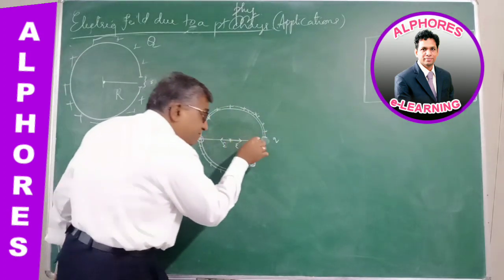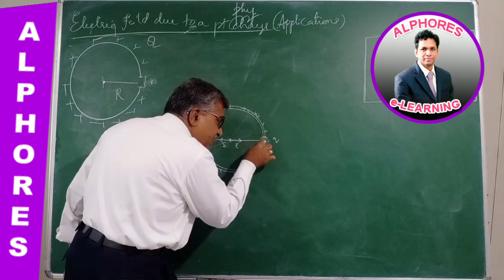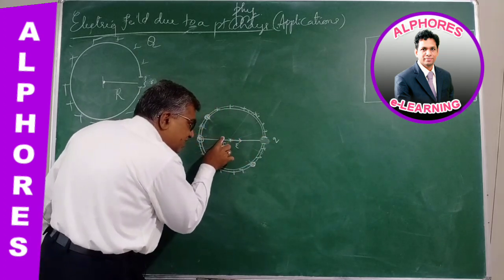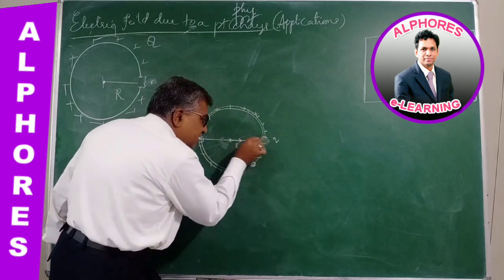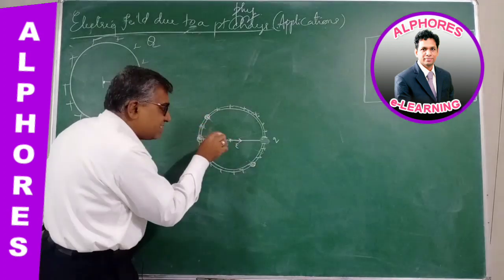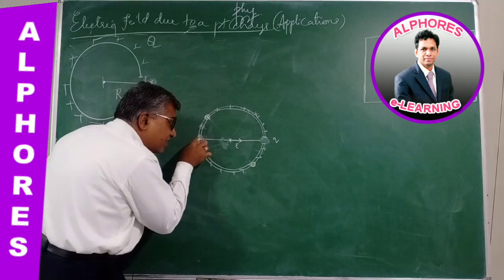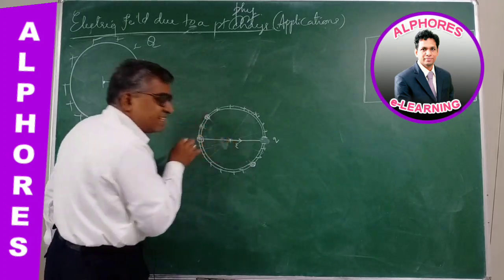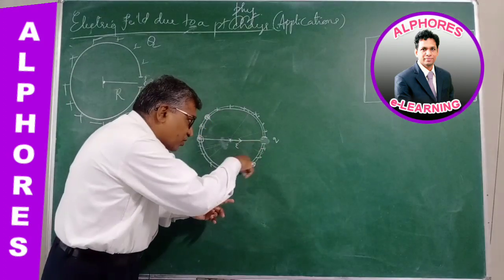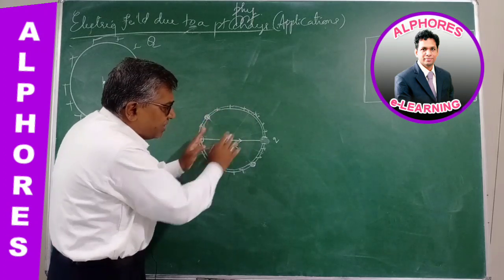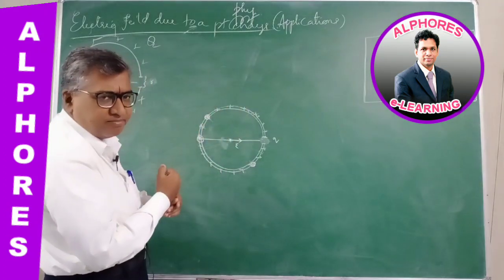So if this part is absent, then the field due to this part is also absent. In the sense, the field due to the correspondingly diametrically opposite point will have its net field existing at that point. Had it been totally charged, then every point would be cancelled by the opposite point, right?